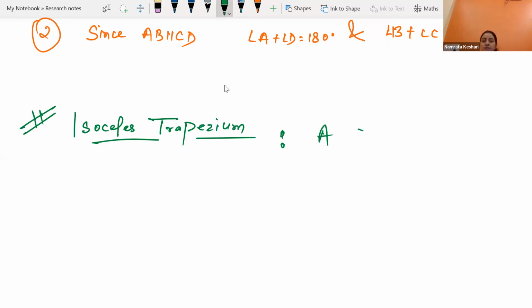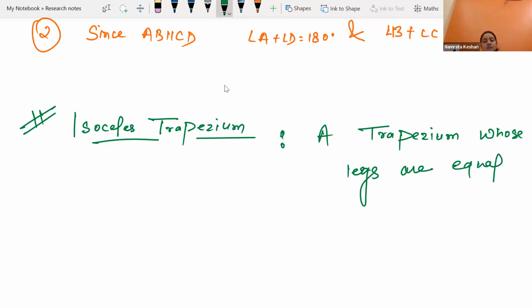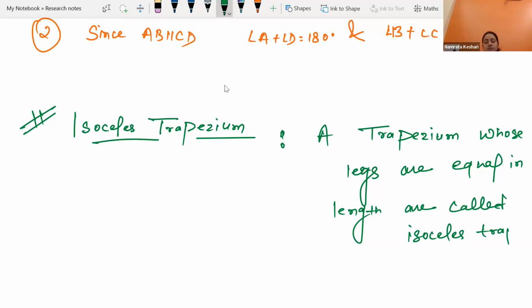A trapezium whose legs are equal in length is called an isosceles trapezium.